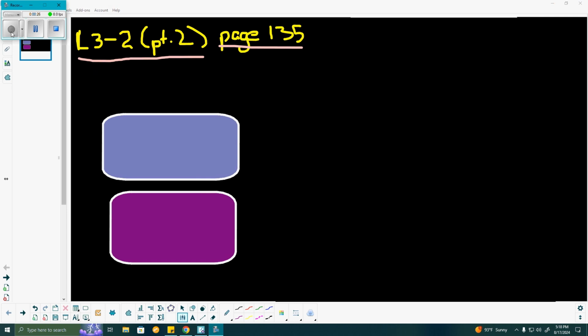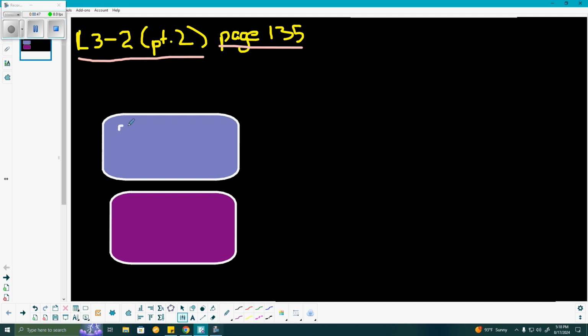Today's problem says Yelena will take the train into the city each day for 1 week. Which pass offers her the lower cost per day? You will see that we have 2 train fare tickets.